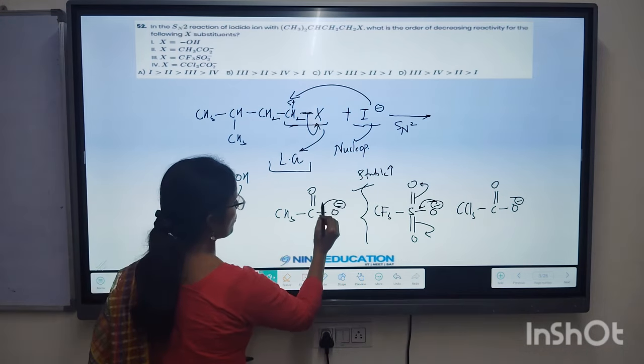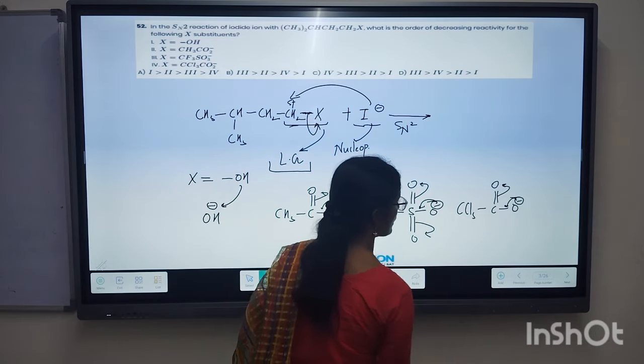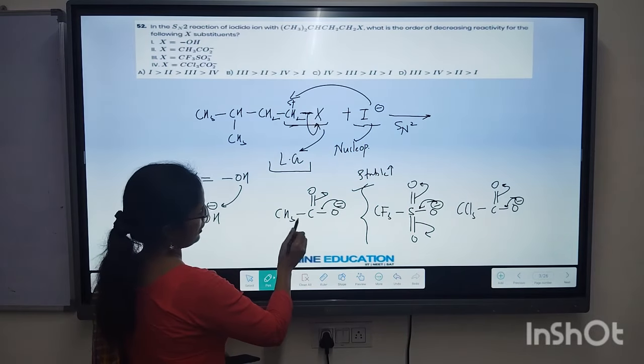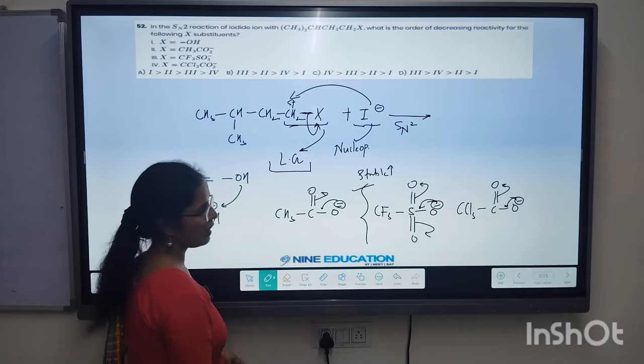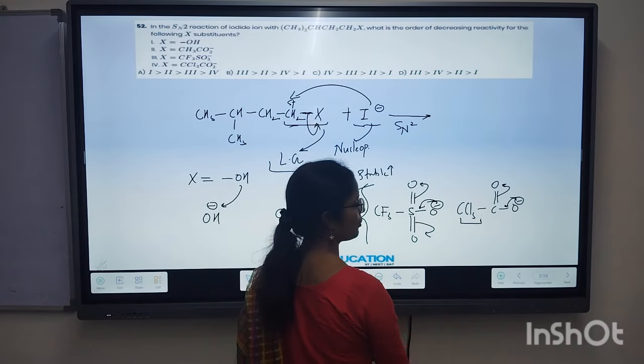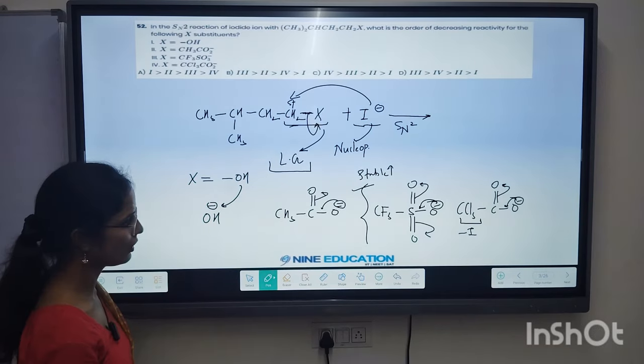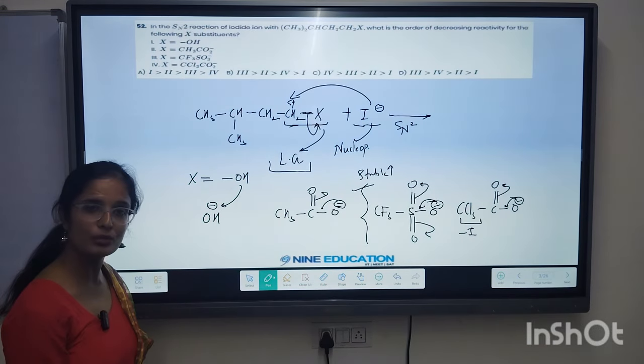Next, in this case also we are having resonance stabilization, as well as for the fourth case. And when it comes to the comparison between the second and the fourth, I hope you can see that we are having 3 chlorines, and they will be applying the minus I effect, which will make your anion even more stable.